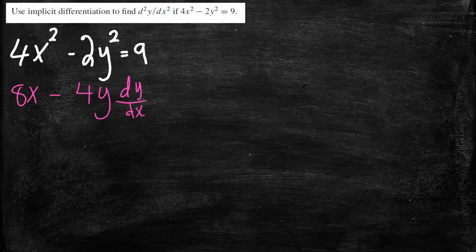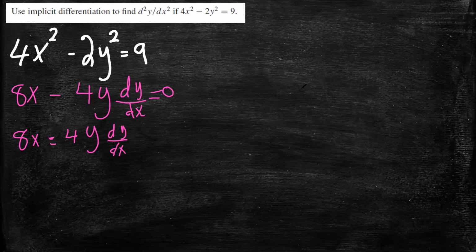Since I find the derivative of y, I must write dy over dx. What is the derivative of any constant? 0. So I have now 8x equals, I will move the 4y dy dx to the other side. So it will be 4y times dy over dx.